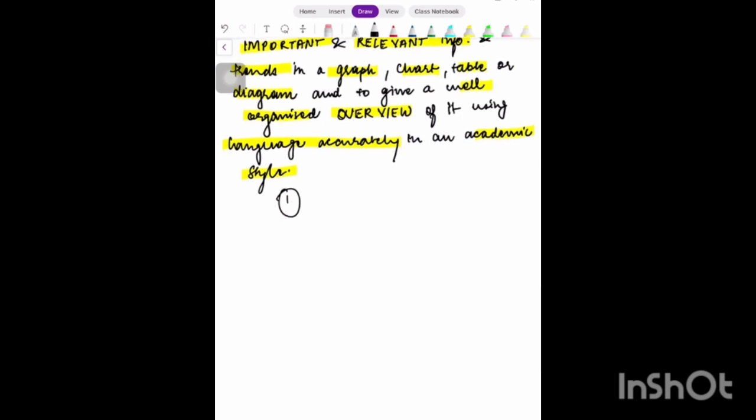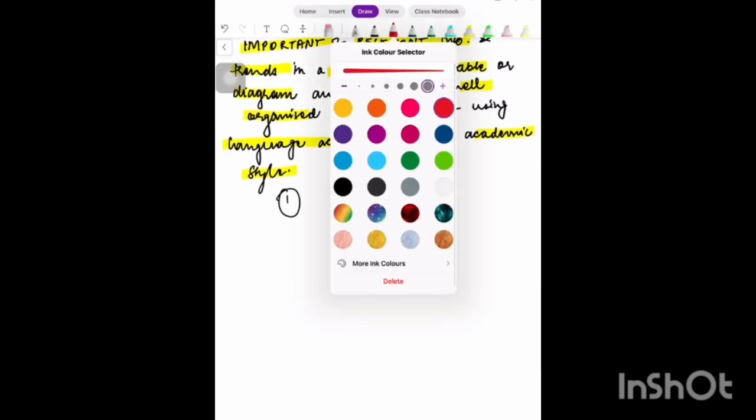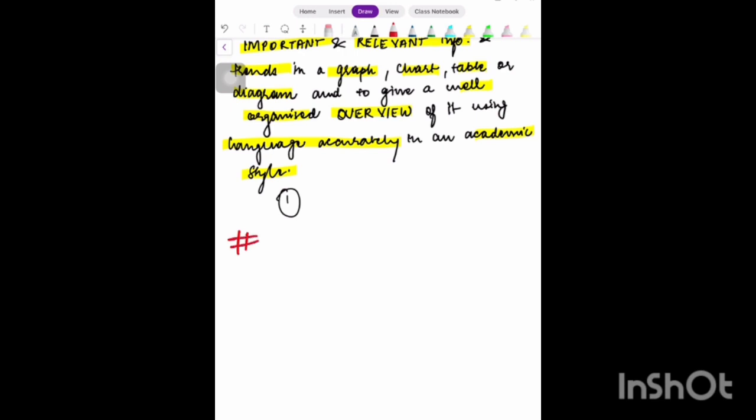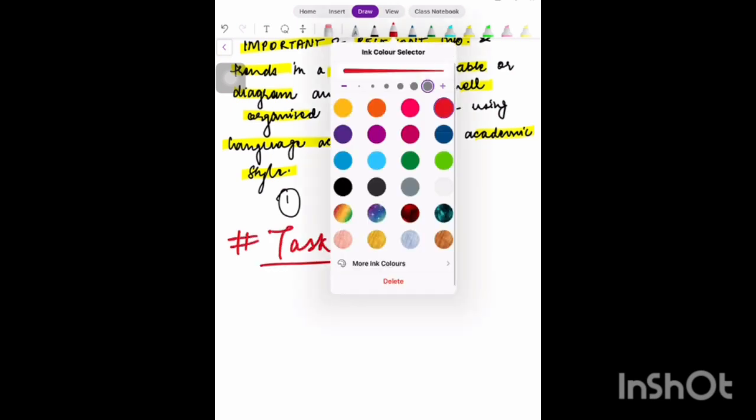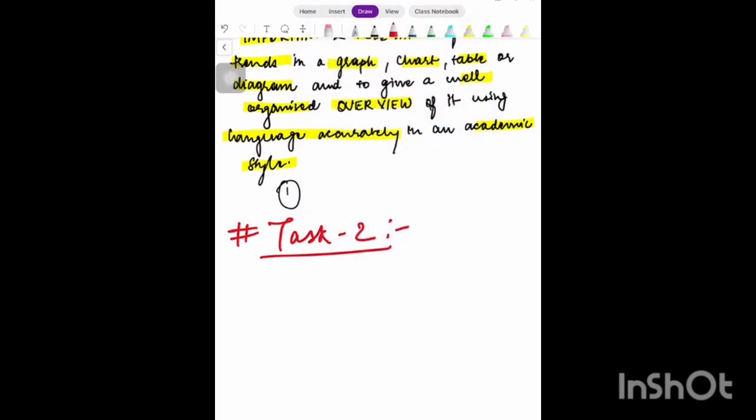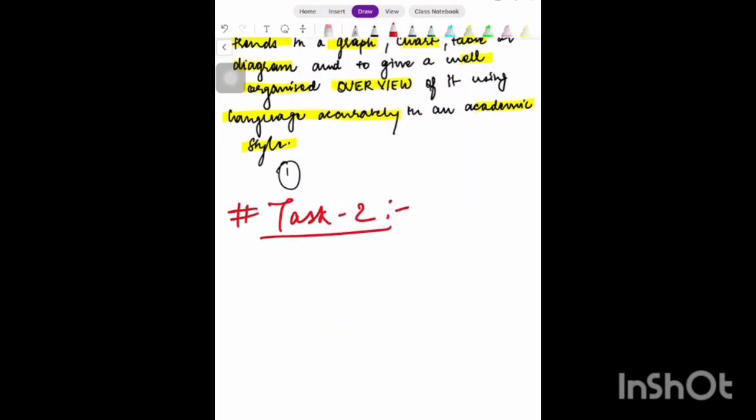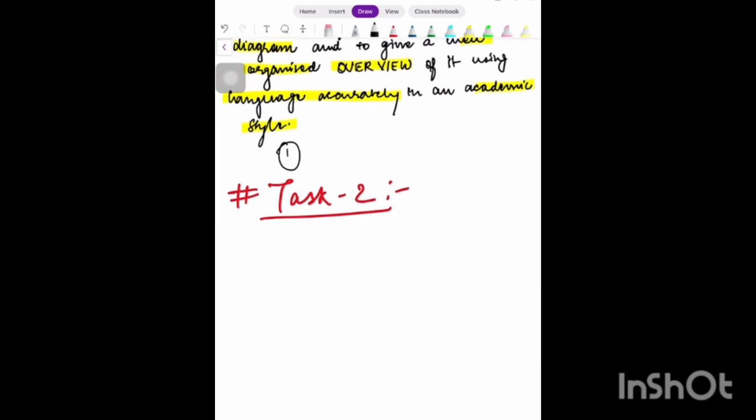Now if I talk about Task 2, then we are given a topic to write about in an academic or semi-formal or neutral style. Again, the same thing. Answers should be a discursive consideration of the relevant issues, and we should make sure that we read the task carefully.